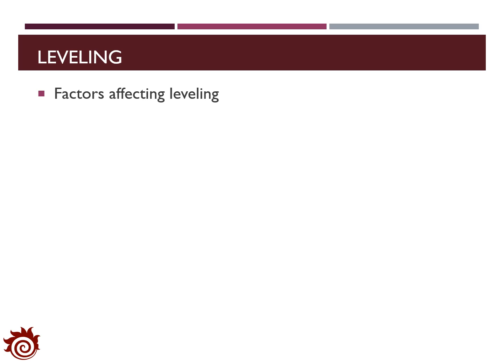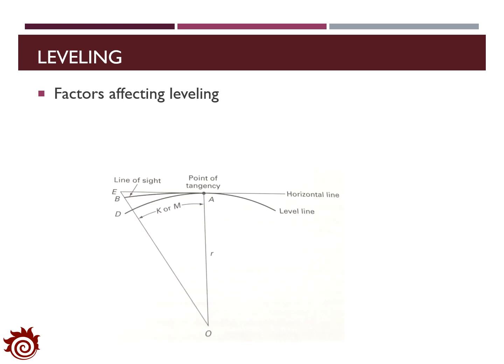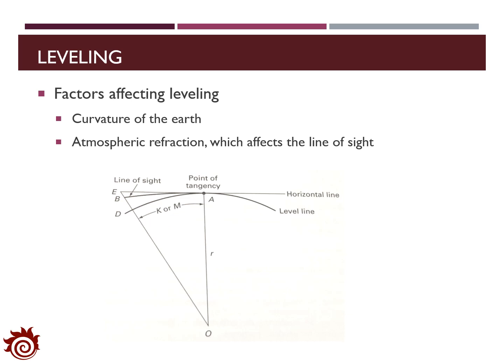For vertical distance measurement on the Earth, there are two factors affecting the results. The first one is the curvature of the Earth, and the second one is the atmospheric refraction, which affects the line of sight. The figure here demonstrates the elevation difference between 2 points A and D. Ideally, assuming the Earth's surface is spherical, if A and D are aligned to the same level line, then their elevation difference would be 0.